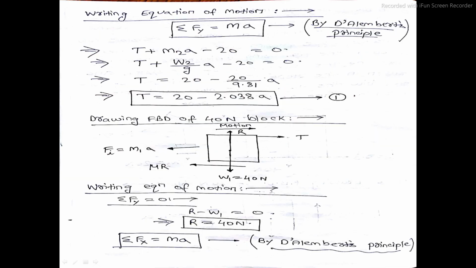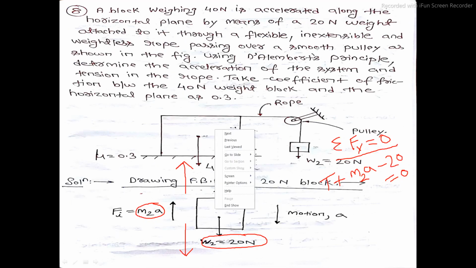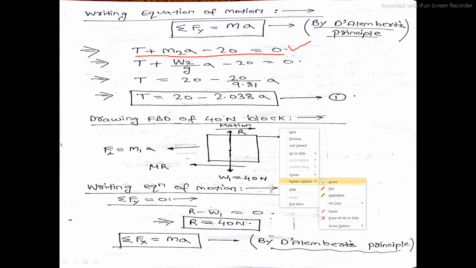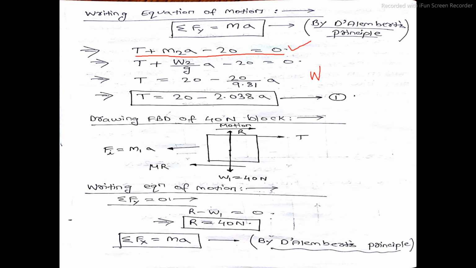So the force equilibrium equation becomes T plus m2a minus 20 equal to 0. How can I write m2? We know that weight of the smaller block is W2, and weight is nothing but mass into acceleration due to gravity.